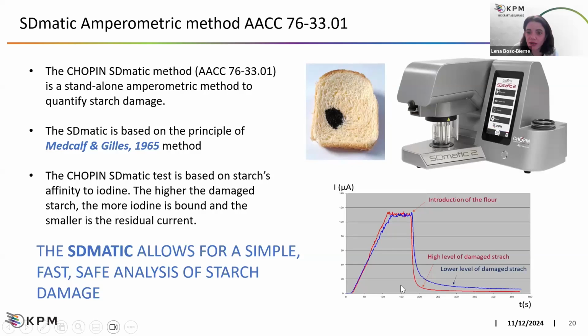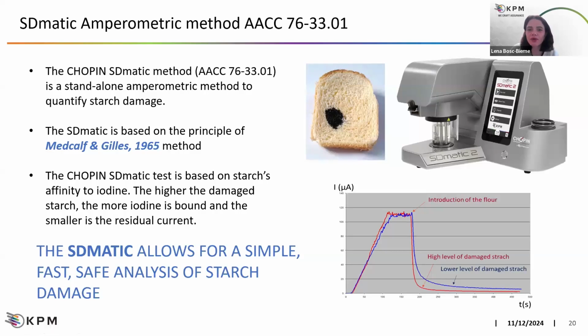And so this is what we do with the SDmatic. We produce iodine, we introduce the flour, and we see how much iodine we lose. If we lose a lot, then that means that we have a lot of damaged starch. If we don't lose a lot, that means that we don't have a lot of damaged starch. That's a little bit the idea.